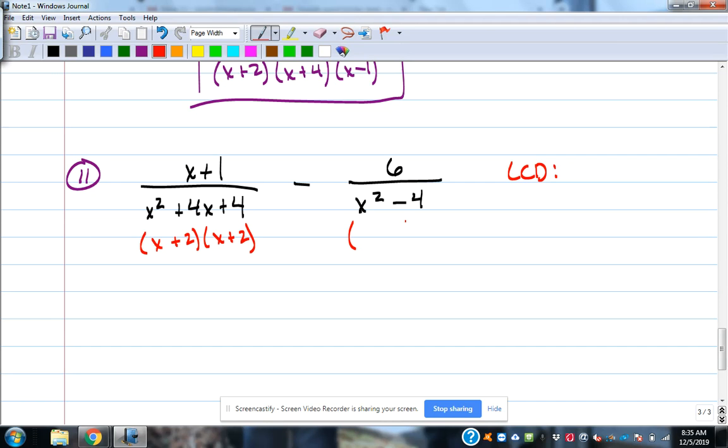The other one is a difference of squares. So what's our common denominator then? So we got an x plus 2 that's shared, and then got another x plus 2 and an x minus 2.